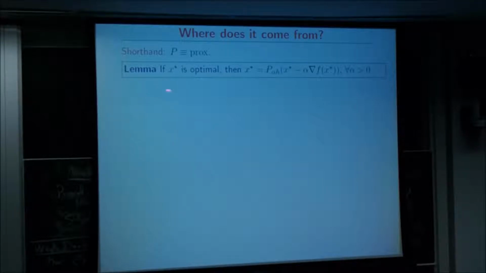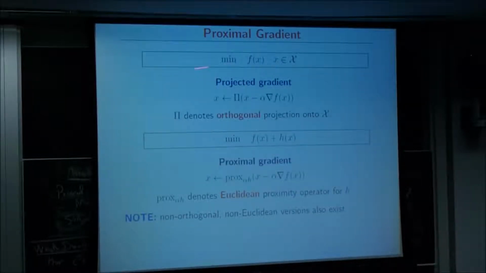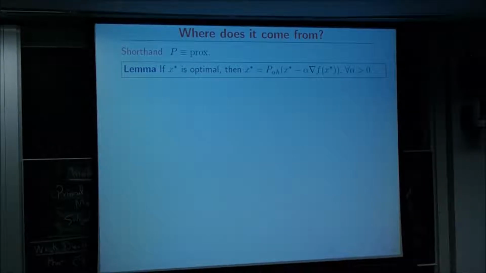So if x star is optimal, assume here f is convex for the moment. Let's actually look at the slightly more general problem. Let's assume f is differentiable and h is maybe not differentiable. So I'll just keep it written here that most of the time we have f(x) plus h(x).